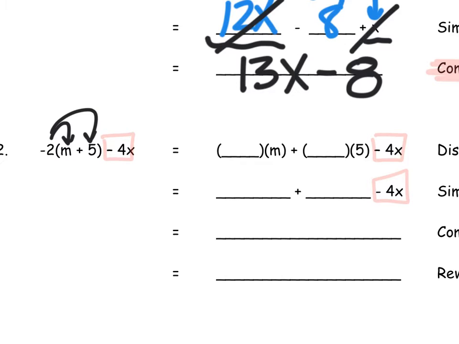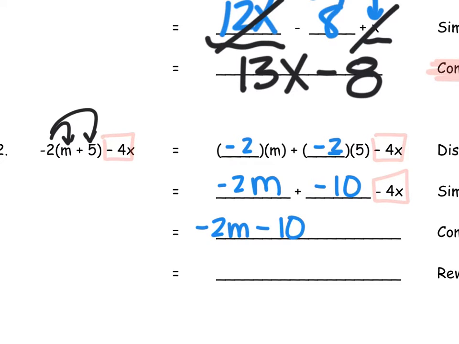Okay, so negative 2 times m, negative 2 times 5, and remember that negative 4x just stays on behind. So negative 2 times m gives me negative 2m, plus negative 2 times 5 gives me a negative 10. When I rewrite this, I'm going to get negative 2m. Plus a negative you can also write as subtraction, and then the negative 4x just keeps coming down.